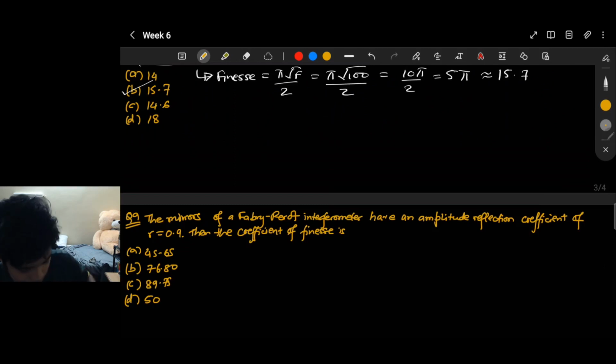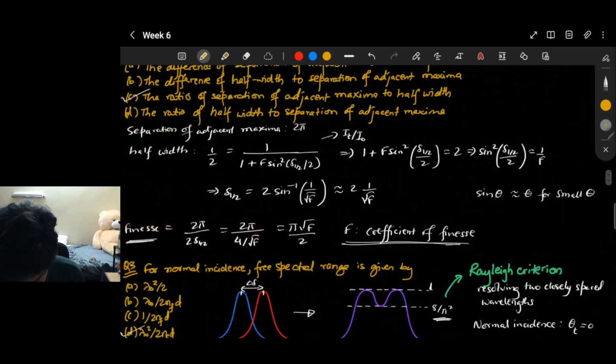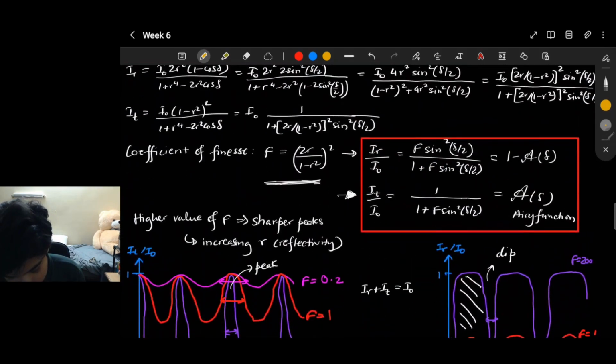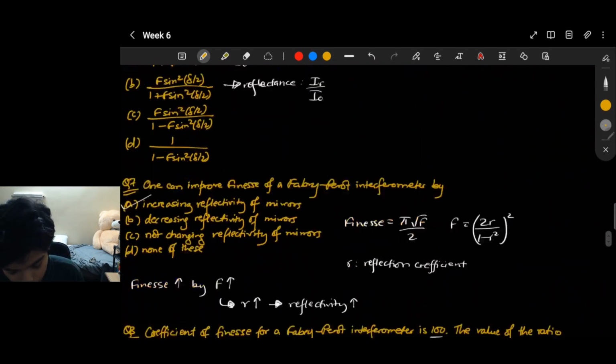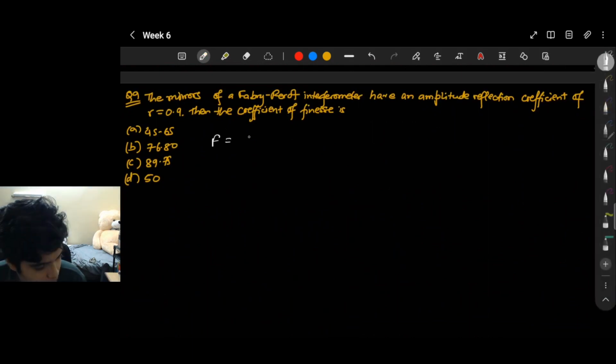Okay, let us now discuss the answer. As discussed in the first question, this is the expression for coefficient of finesse. Let us write it over here once again. We are given the value of r, so we just need to plug in.